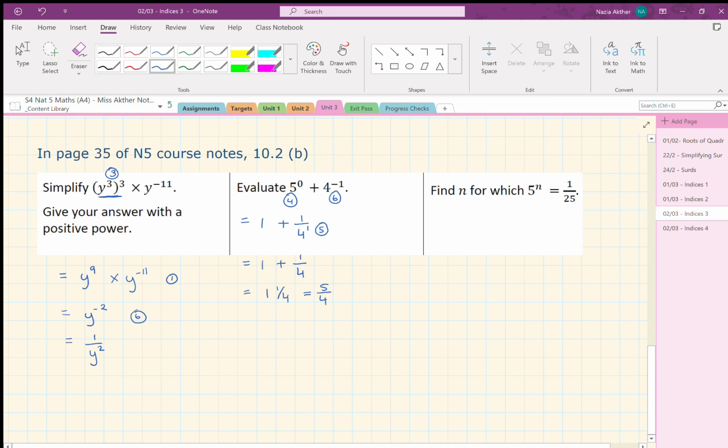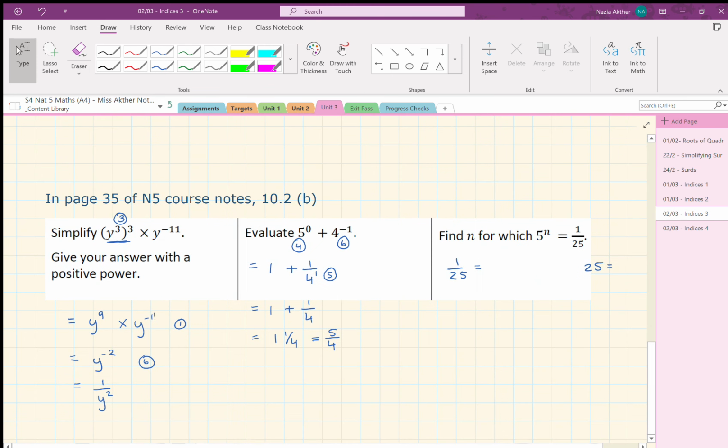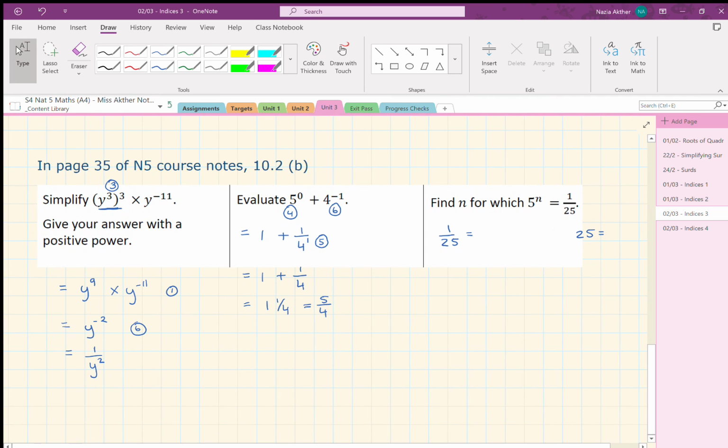Okay, and then finally, the third example, we're asked to find n for which 5 to the power of n is equal to 1 over 25. For this one, I know that 1 over 25, if I want to write that as 1 over something with a power, well, I know that 25 is given by 5 squared, so 25 equals 5 squared.